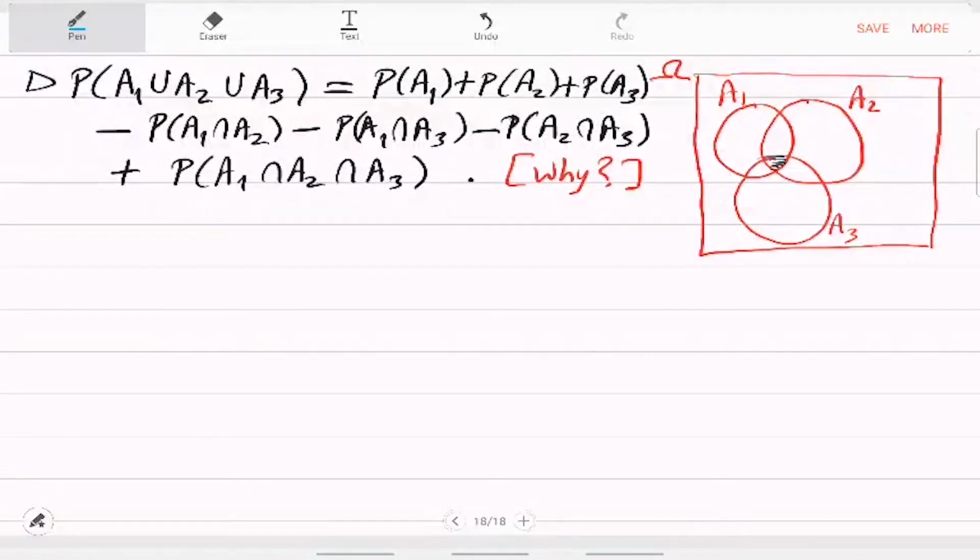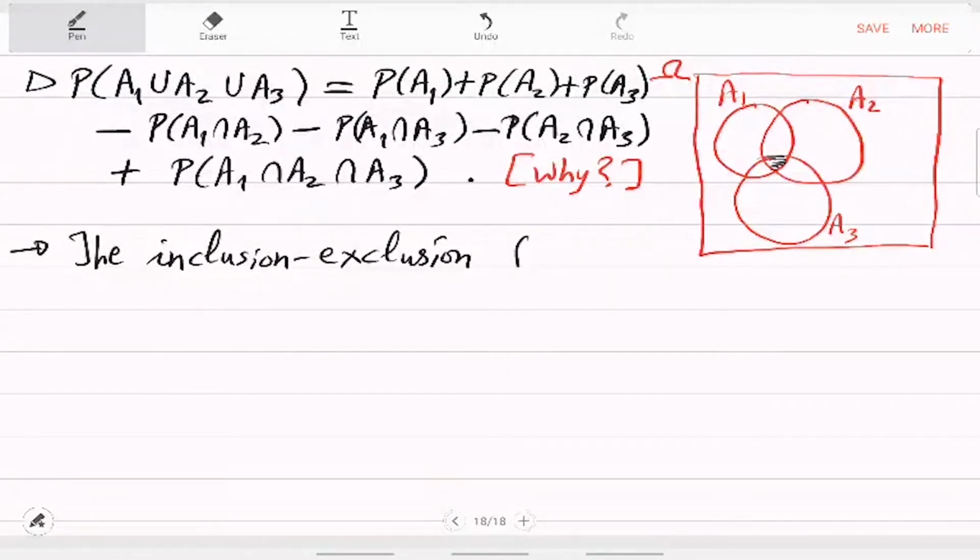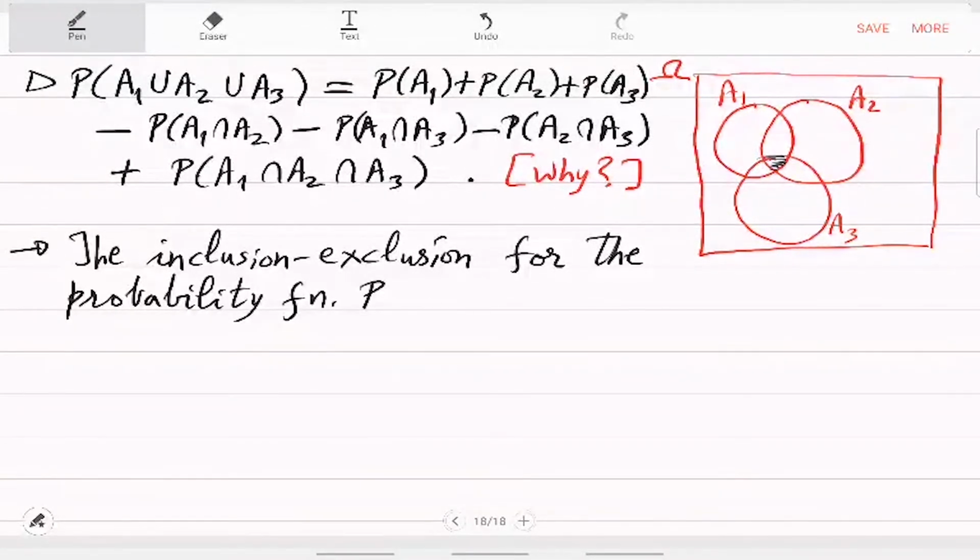Why is this correct? This is correct because of inclusion-exclusion. So, the inclusion-exclusion for the probability function in general is, let us write down the lemma first.